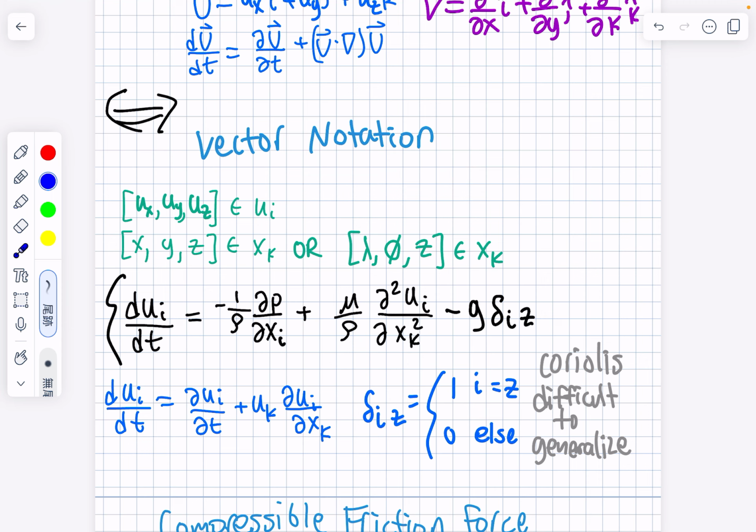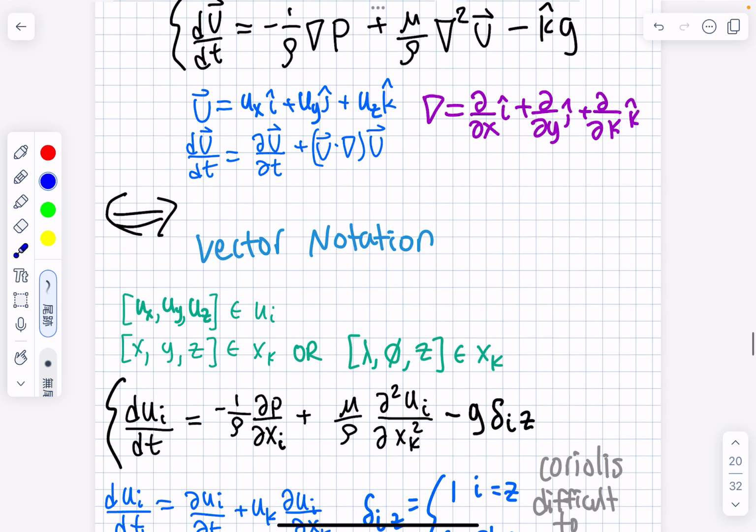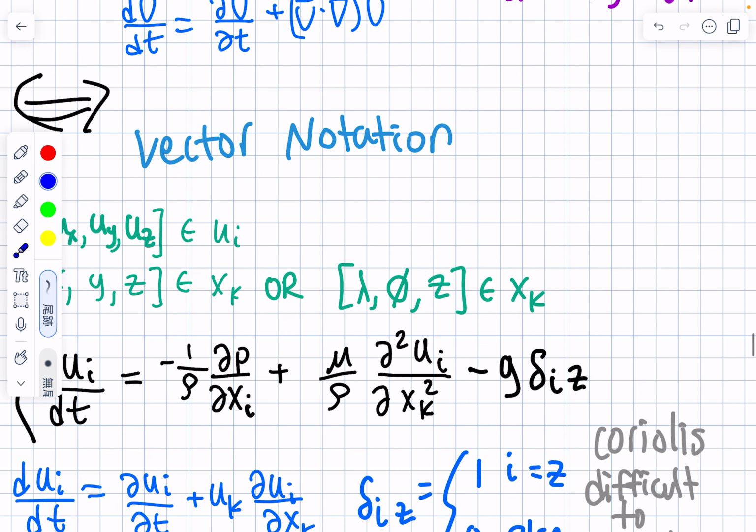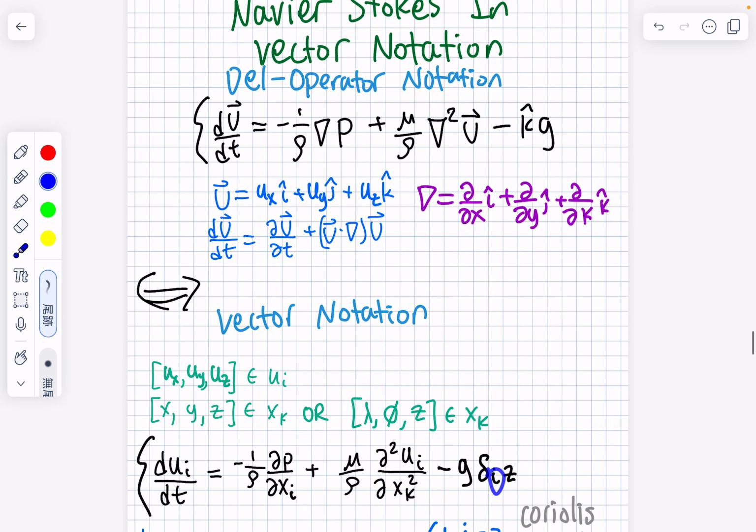So it could be useful in the future, but it's just nice to know that there's another way of thinking of things. But I like this notation because it's just kind of prettier. You don't have all these weird subscripts getting in the way of my vision. This one's just a nice little upside down triangle, and you just have to remember a few things like this.